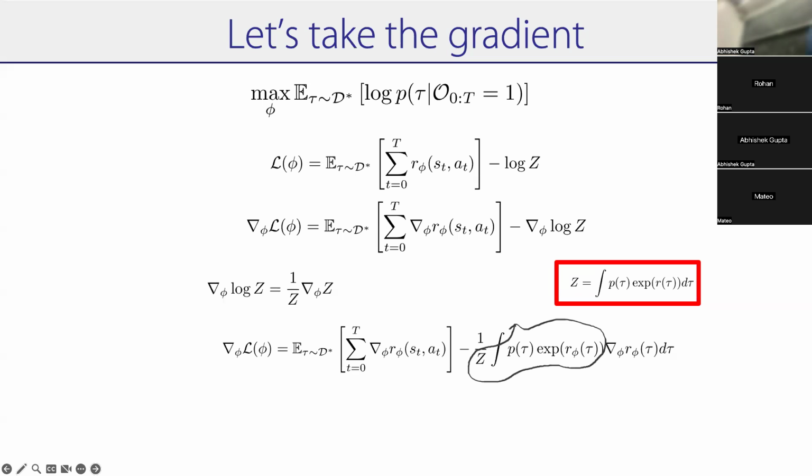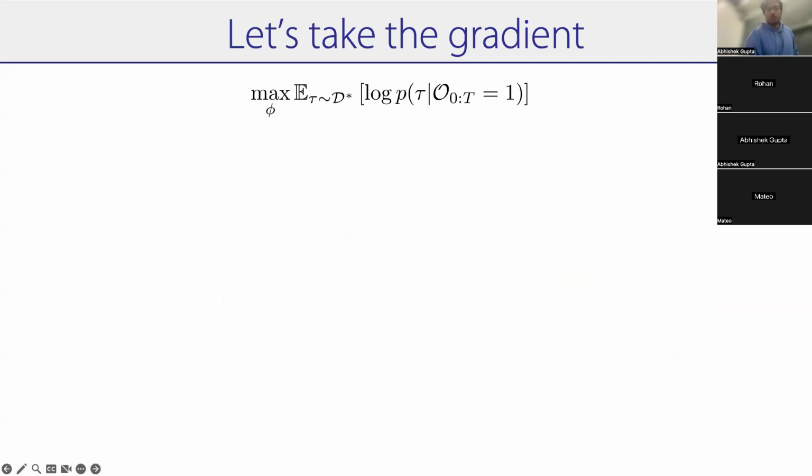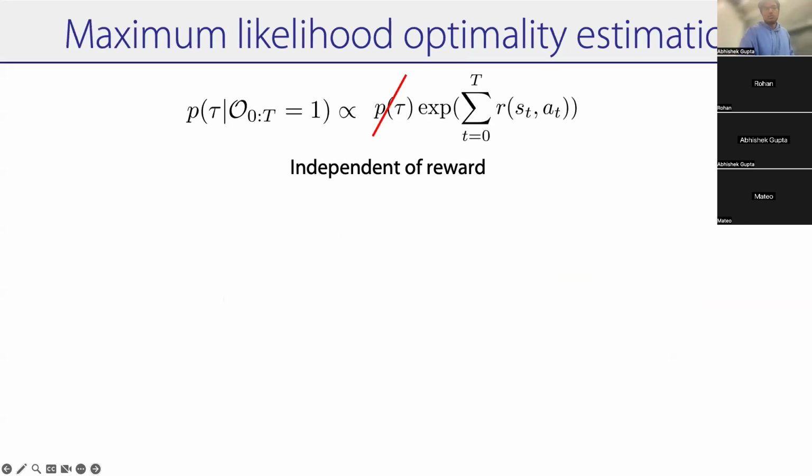Yeah, it's kind of like reinforce, but there's a little more to it. Let's go back to this thing. You see this posterior?